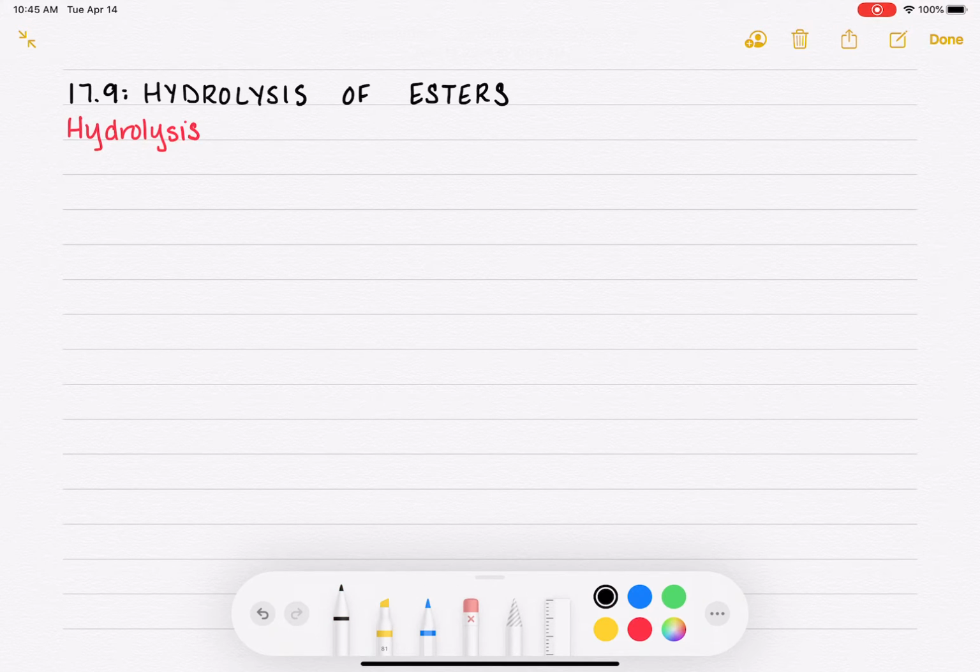In the hydrolysis reaction, we have an ester reacting with water to make a carboxylic acid and alcohol.